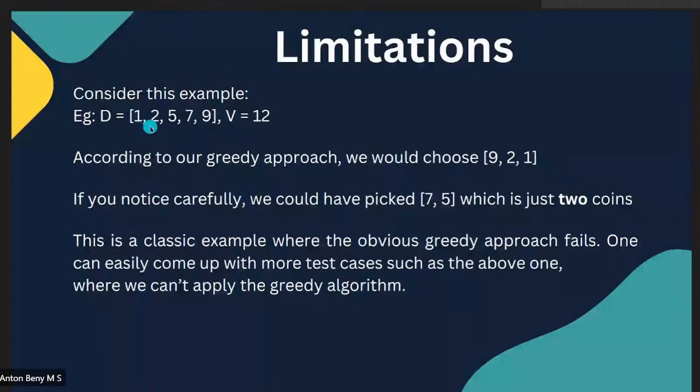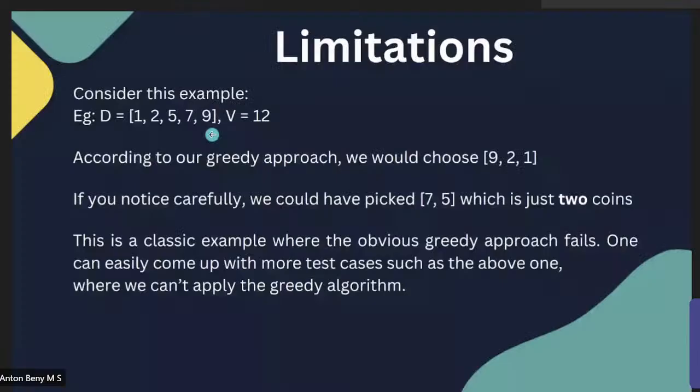Obviously you can't pick 5, 7, or 9. Out of these, 2 is greater than 1. The sum of it is 12, and this is 3 coins. So we get this by using the greedy approach of choosing the highest value coin. But if you notice carefully, we could have picked 7 and 5. It's just 2 coins, and 7 plus 5 is 12.